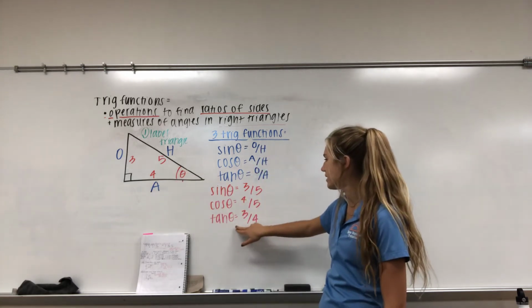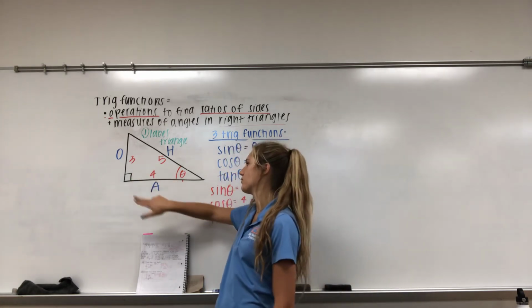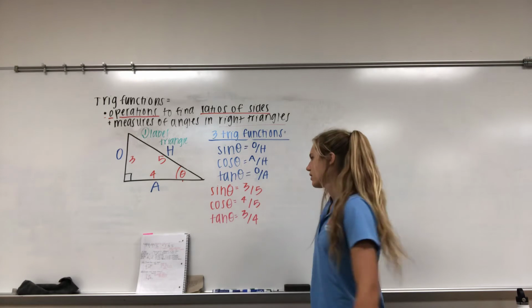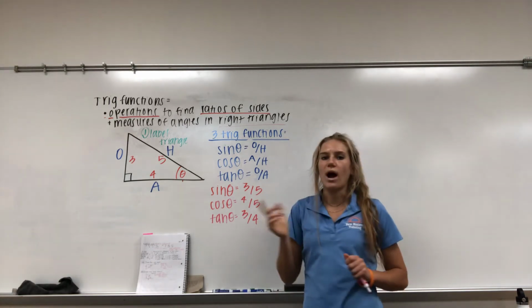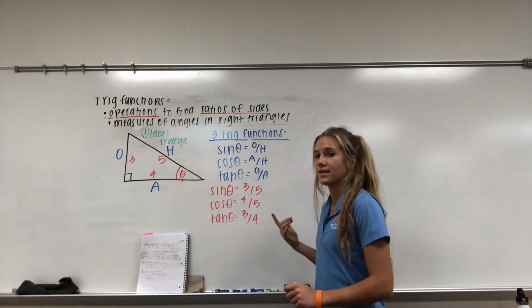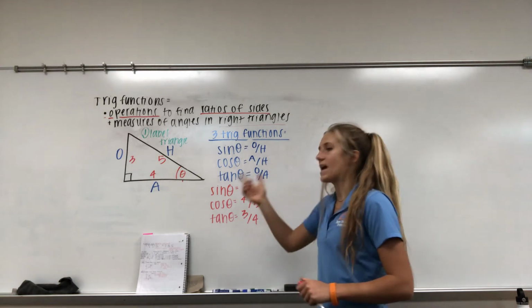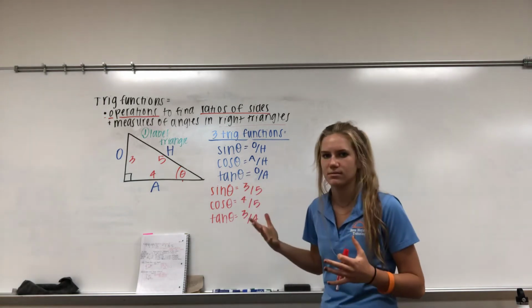And tangent theta is equal to 3 over 4, opposite over adjacent. That shows you how it's ratios of sides and not actual side lengths, because we're not saying that any of these side lengths is equal to 3/5 of a unit.